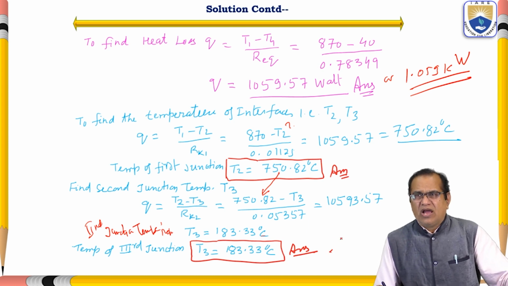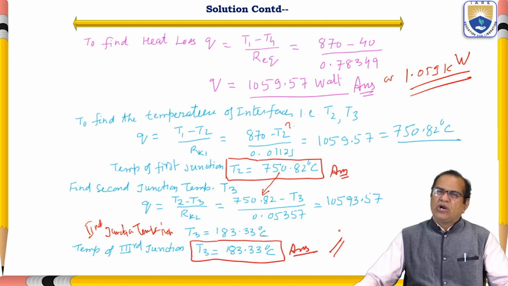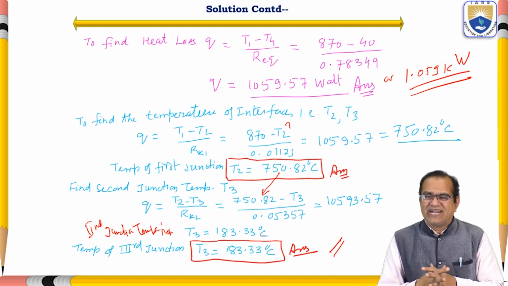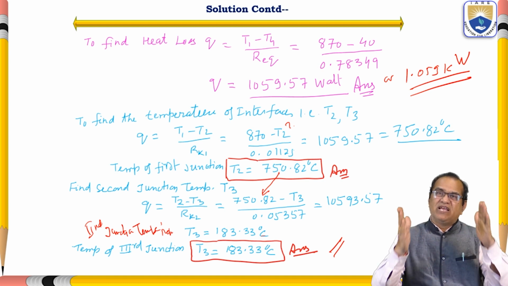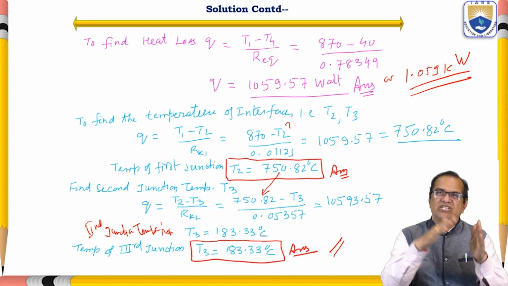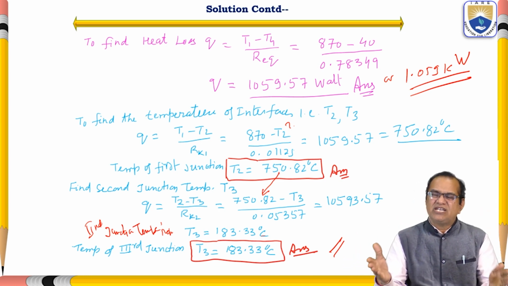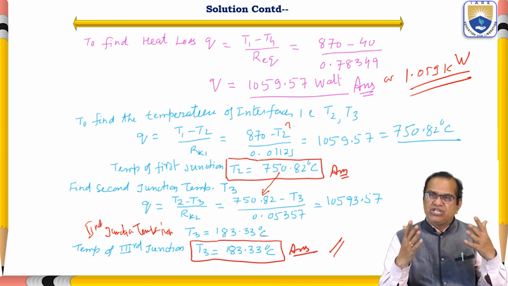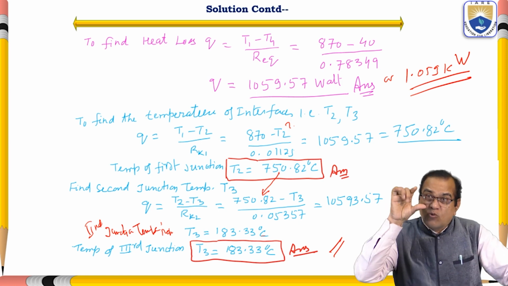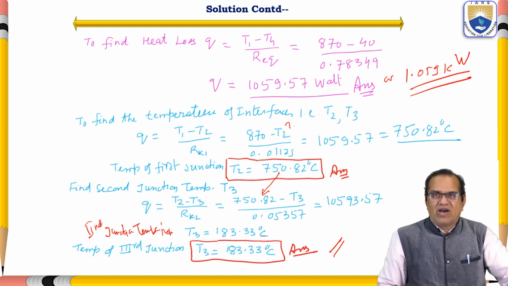So this answer also we got. These three answers were asked: how much is the heat transfer rate, and how much is the temperature at the first junction and at the second junction. So we found out Q, T2 and T3. In this way, you can find out at what level how much temperature you are having.